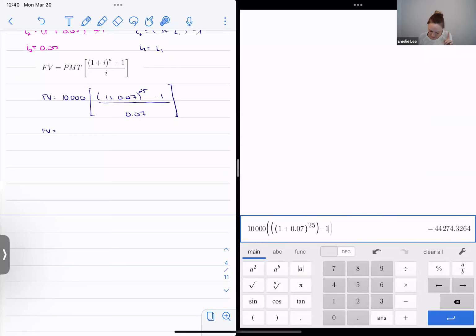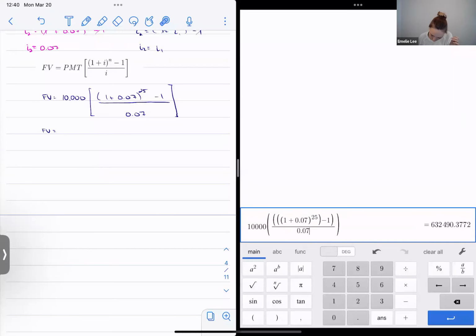It doesn't need it, and then close that bracket. I'm almost tempted to have another bracket in here, because I want to force the 1 plus 0.07 to the power of 25 minus 1, all divided by 0.07. So I'm going to add in a bracket here and then close that bracket, divided by 0.07.